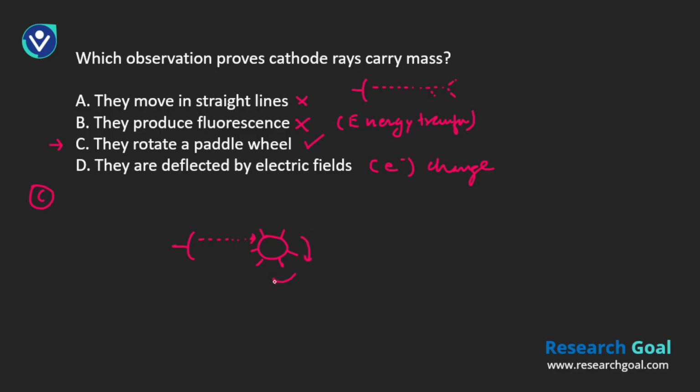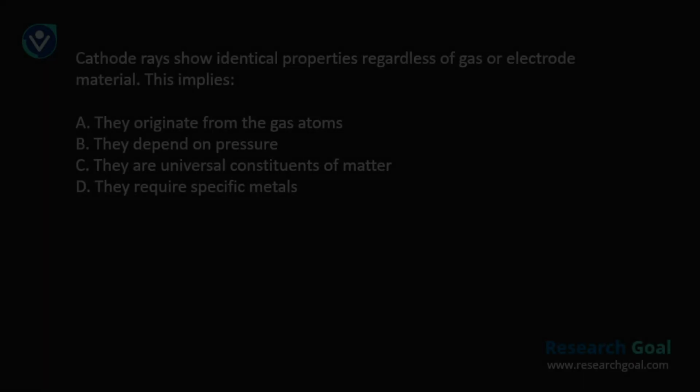It's going to rotate because they have the mass required, and the momentum can be calculated by p = mv. This can also be asked in numerical format, where you are given the mass and the velocity, and you have to calculate the momentum of that particular ray. So that is a very, very important concept that we have covered in this one.